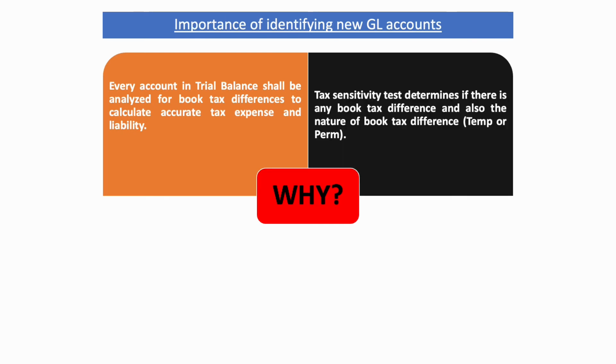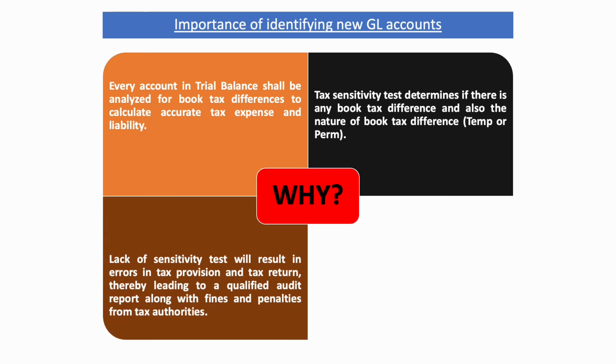The tax sensitivity test determines any book tax difference and also the nature of the book tax difference, whether it is temporary or permanent. That needs to be done, and it can only be done when you are reviewing the trial balance in its entirety, including any new GL account that has been created.